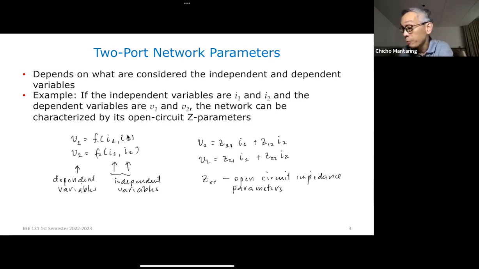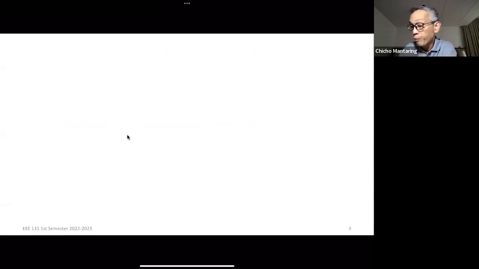Let's take an example. Let's say we want to determine Z11. To determine Z11, what will I do? So this is my two-port network.